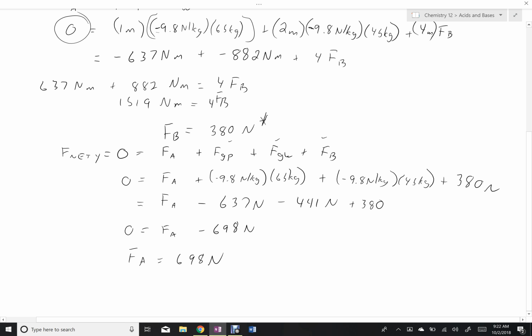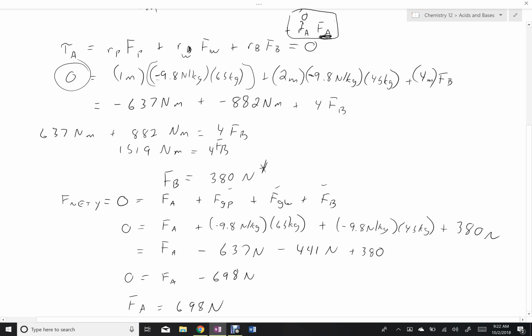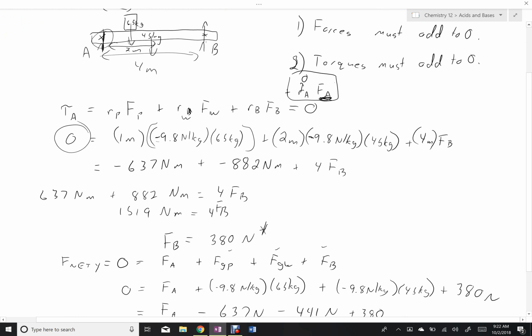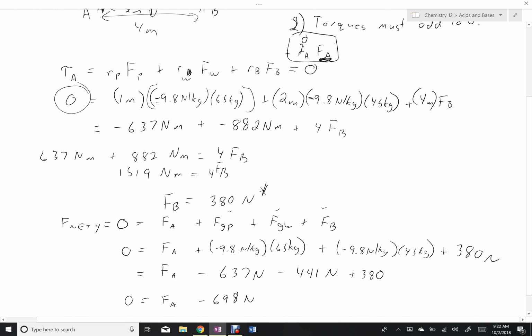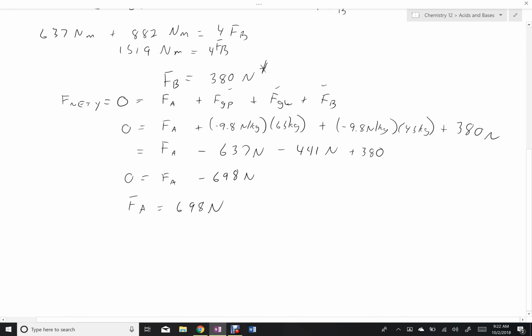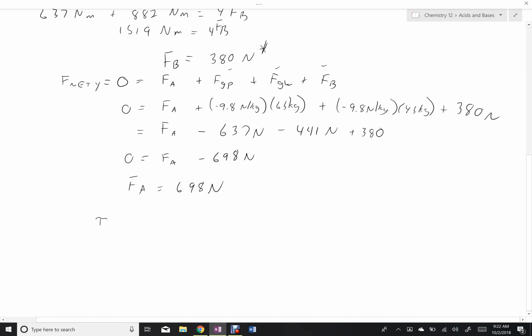That's pretty straightforward. But these questions where there's two ways to get something and they're independent of each other are really nice, because I can do the second way and then that'll serve as a check to see that I haven't made any mistakes in this problem. So let's go ahead and do that. I'll do the torque about B. Now I have RB and FB, which I don't need to include because RB is 0, so that one doesn't matter.